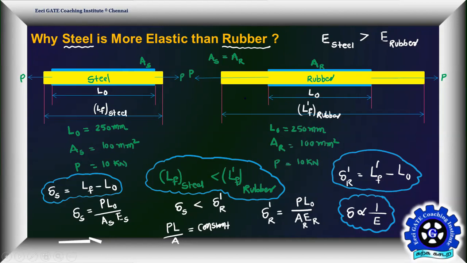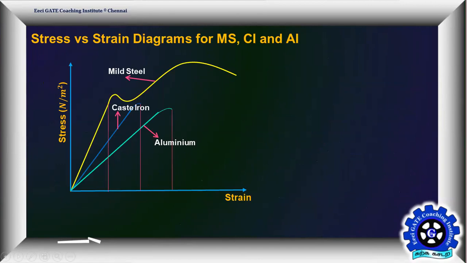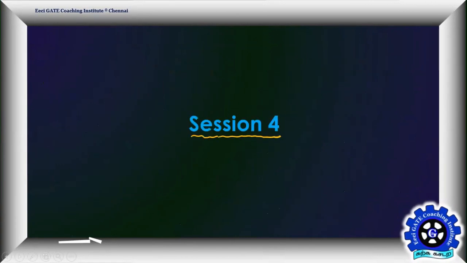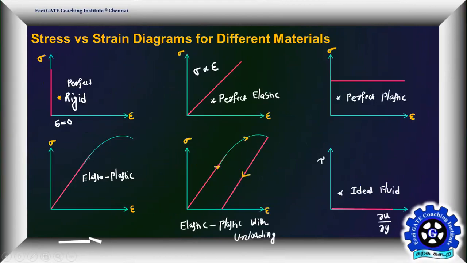Is it okay? Yes, sir. Fine, sir. Now, next, I think this is the first topic in the first chapter. Now we need to start a new topic, or rather a new chapter. First chapter is completed. Strength of material course, first chapter is stress versus strain diagram.